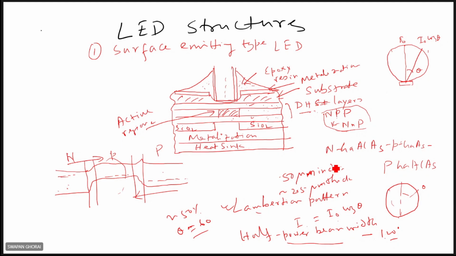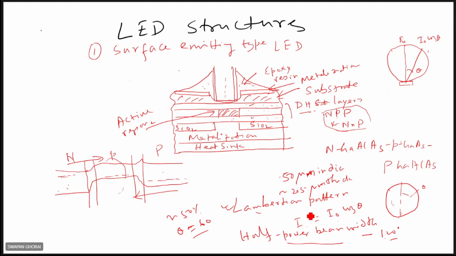So you see it here, the active regions are 50 microns in diameter and 2.5 microns in thickness. And the pattern is Lambertian, in the sense that the light intensity is the same in all directions, but of course it is reduced.